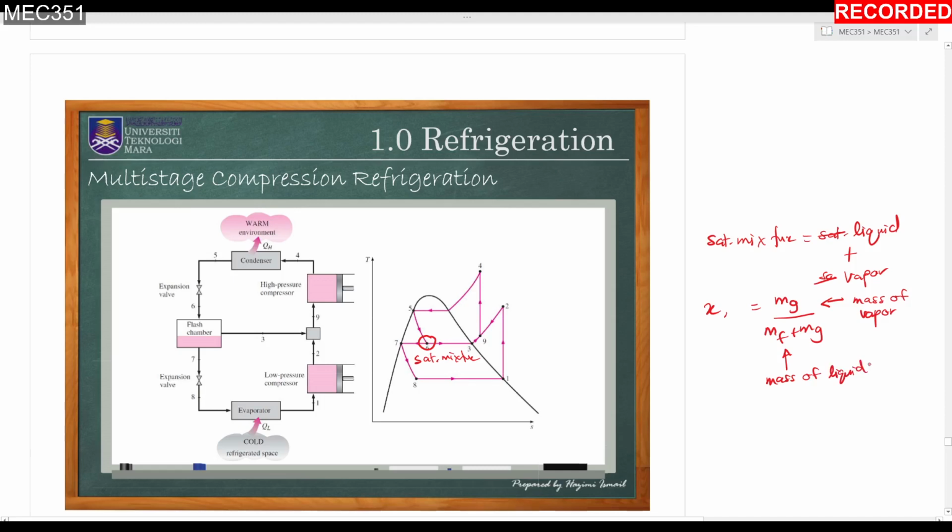Okay, so from state 6, it will separate into 100% vapor and 100% liquid. So all the vapor from the flash chamber will go to state 3, and all the liquid from the flash chamber will go to state 7 here.